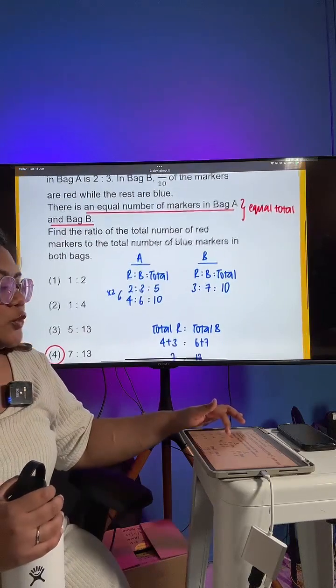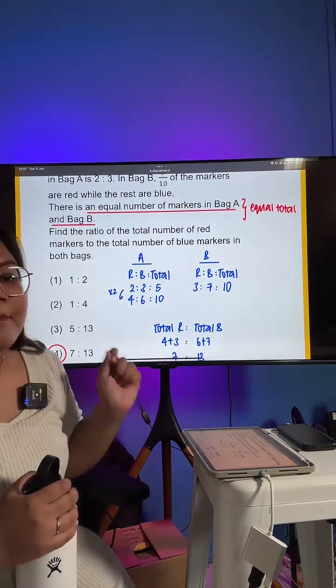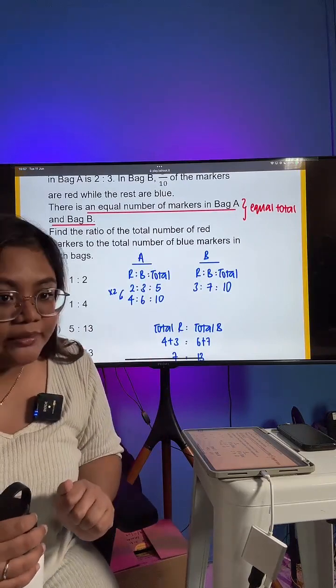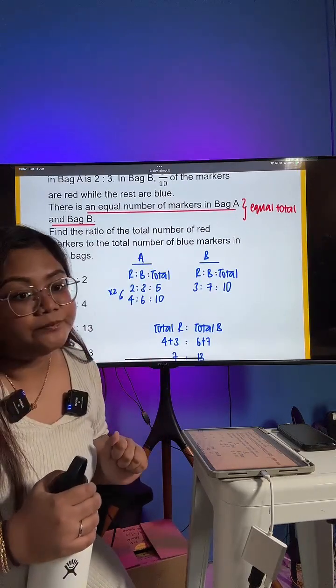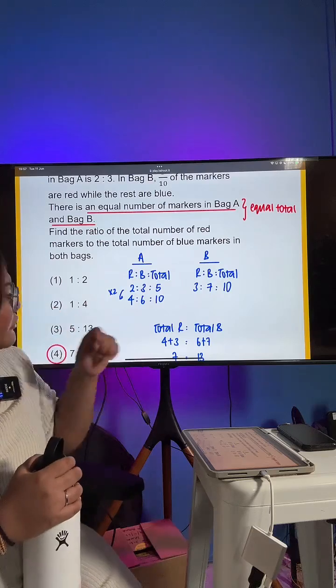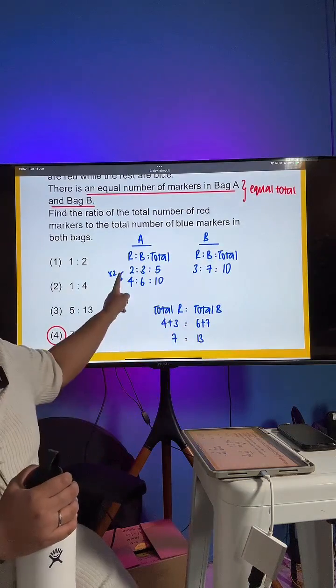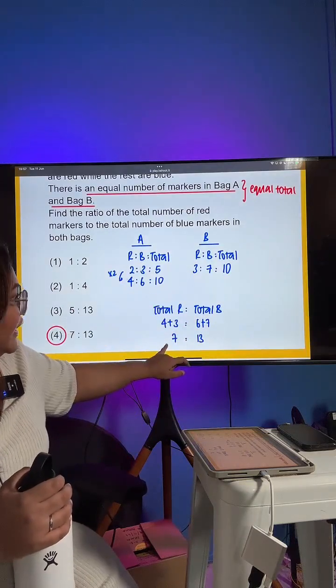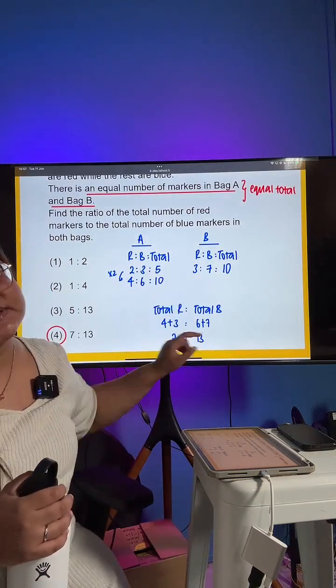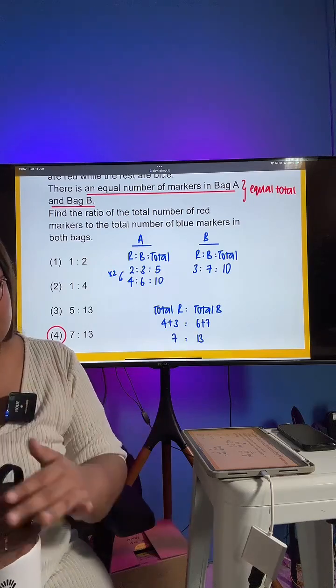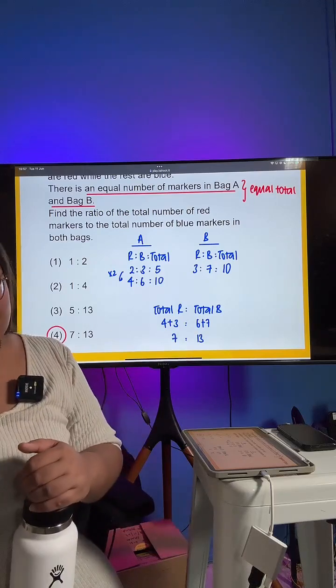We got to change it to a 10 because the totals must be the same. Okay? Then from there, we can come up with the ratio for red and blue. Red is 4 plus 3, which is 7. Blue is 6 plus 7, which is 13. So the answer is 7:13. Okay, everybody?